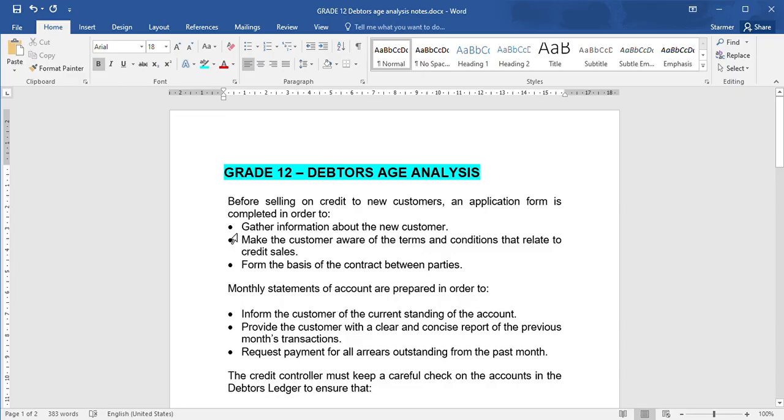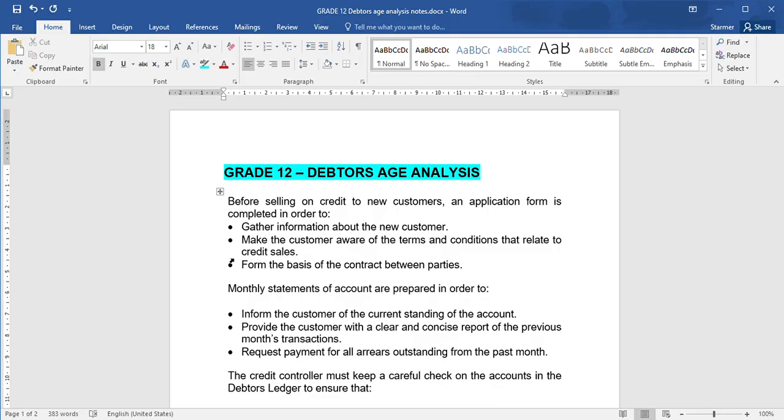Obviously, you need to gather information about the new customer. Things like what his name is, his ID, his cell phone number, his address, etc. Secondly, to make the customer aware of the terms and conditions relating to credit sales. So you're telling the debtor you have 30 days to pay back, 60 days, whatever.